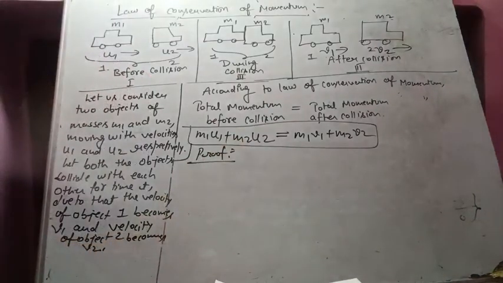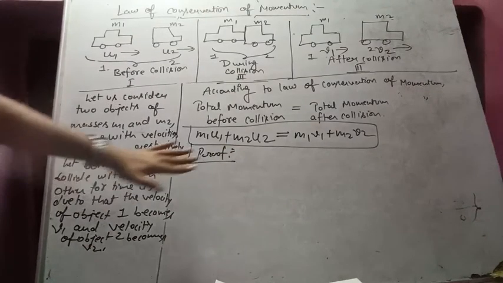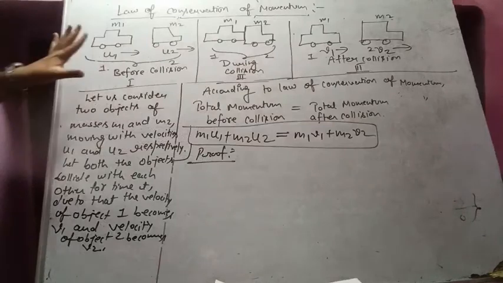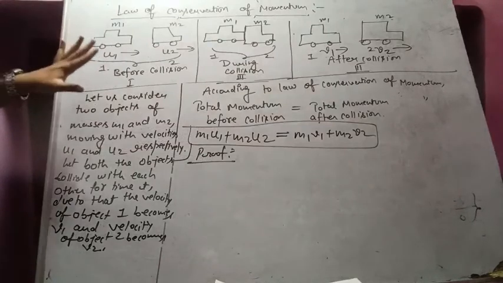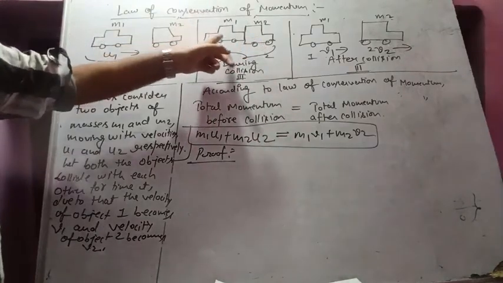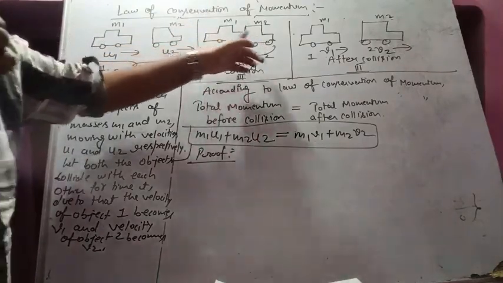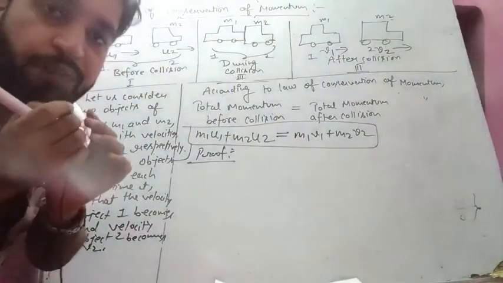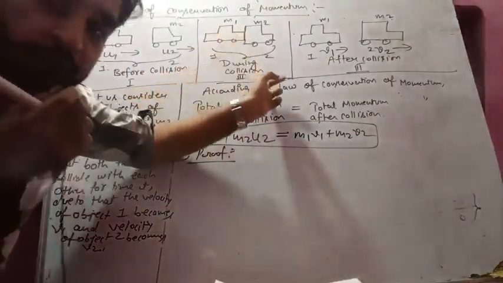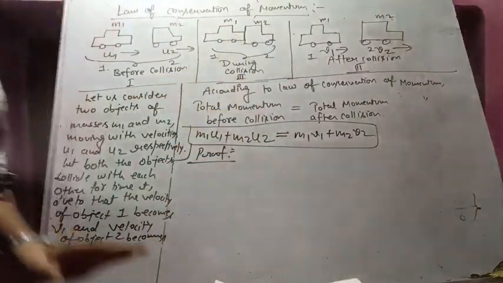For the proof, we need space, so I will try to explain it here only. When both the objects collide, the first car will apply a force on the second car. Obviously, object 1 is going to apply a certain force on 2. Yes or no?